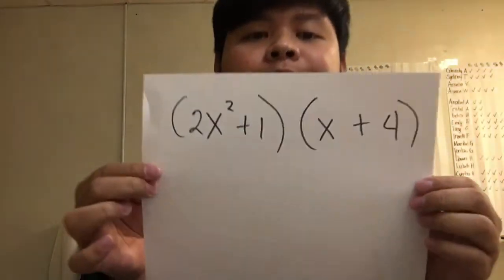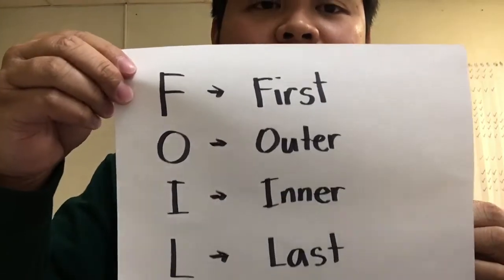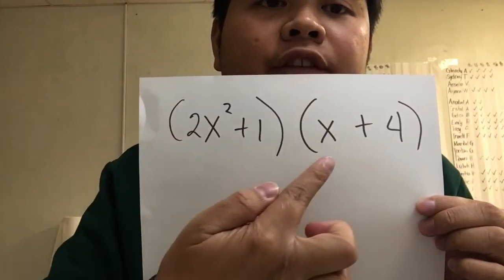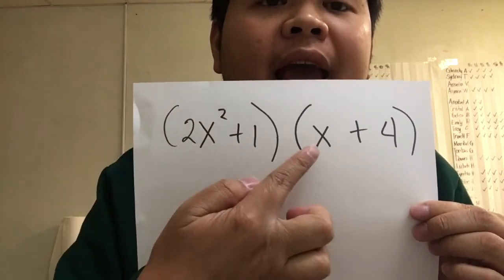Now, let's have an example that you will be able to try. How about this one? Again, we will follow FOIL. First and first: 2x squared times x.